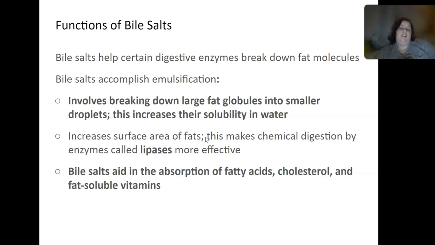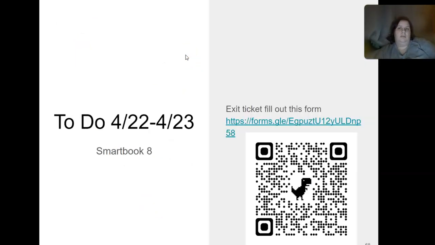It increases the surface area of fats. That makes chemical digestion by the enzymes called lipase more effective. And bile salts aid in the absorption of fatty acids, cholesterol, and fat-soluble vitamins. So that means you have to have some fat when you take those for them to work. This is the only part of your bile that helps with digestion.